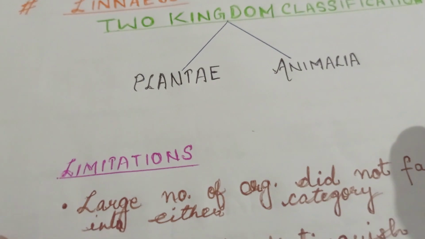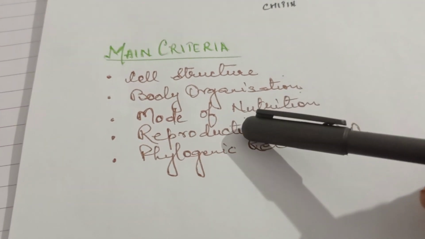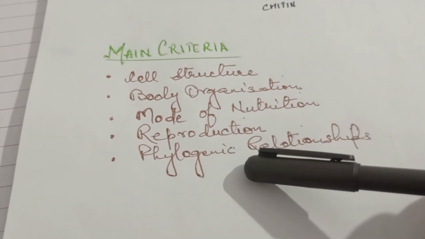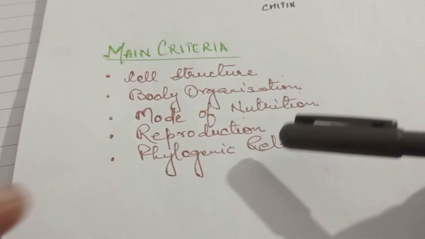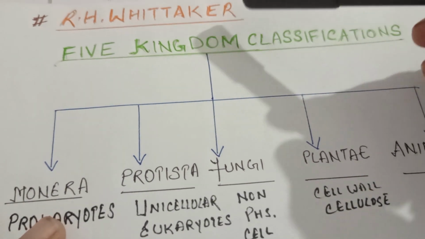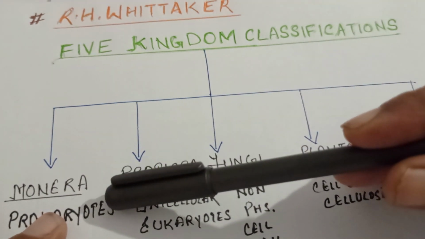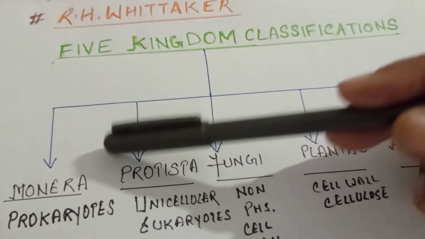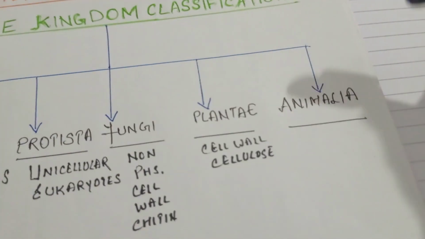The process changed further depending upon new criteria, new characters observed, and evolutionary relationships. Finally came the five kingdom classification proposed by Whittaker, in which all the organisms are divided into five main kingdoms: Monera, Protista, Fungi, Plantae, and Animalia.